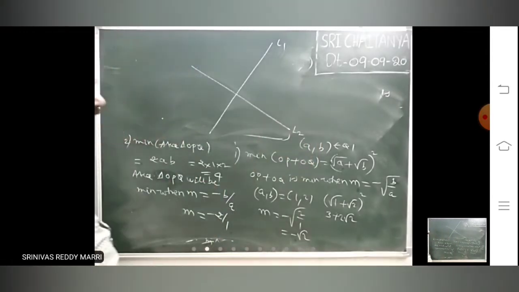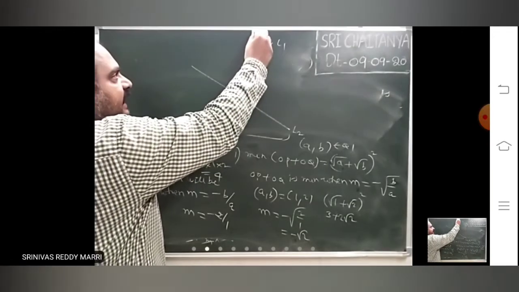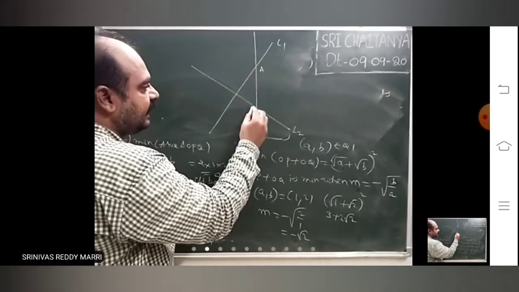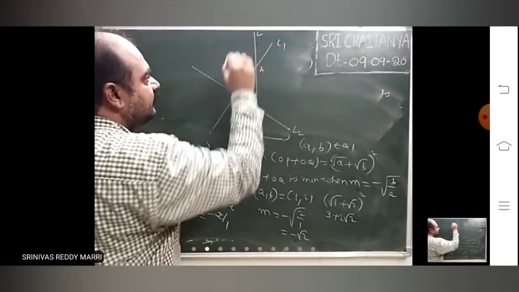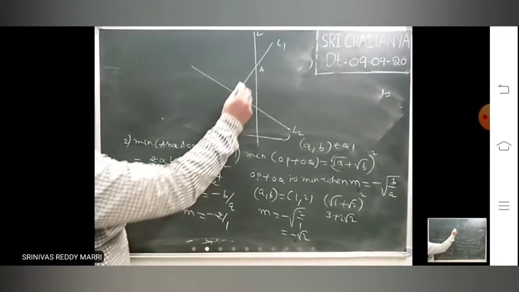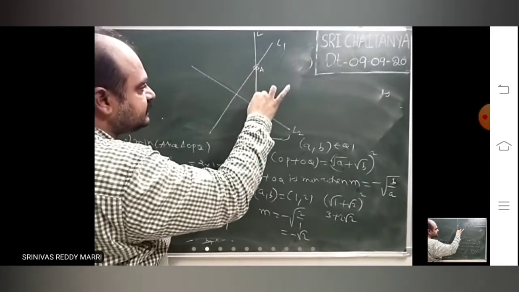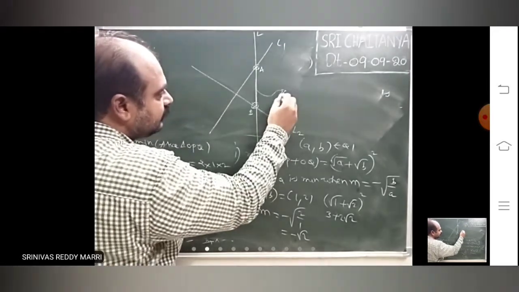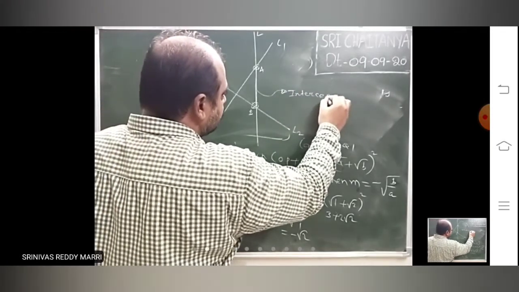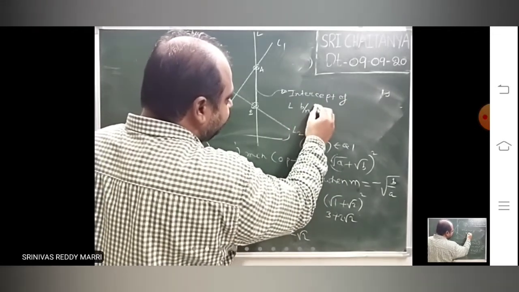A line L is intersecting the two lines, L1 at A and L2 at B. This AB length is called the intercept of L between L1 and L2.